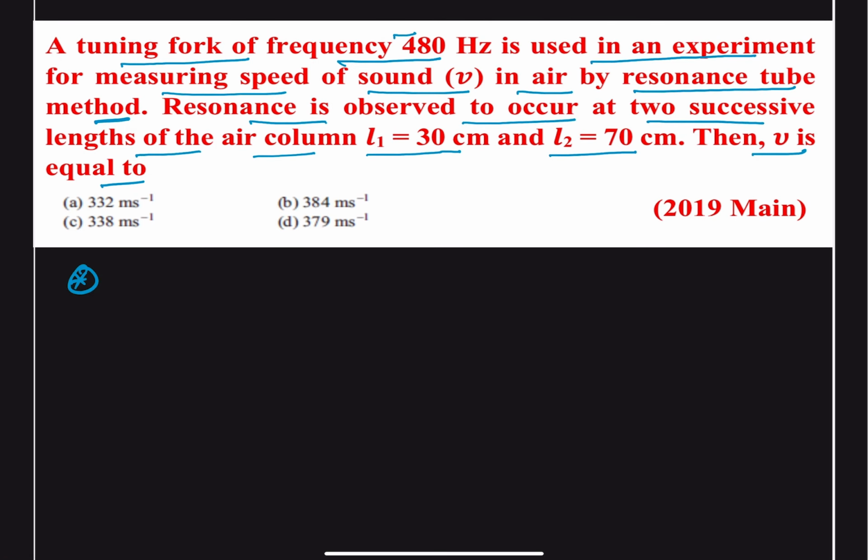We say in resonance tube method, the successive resonant length corresponds to adjacent position of maximum amplitude.